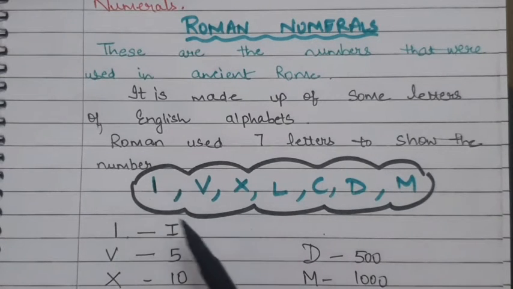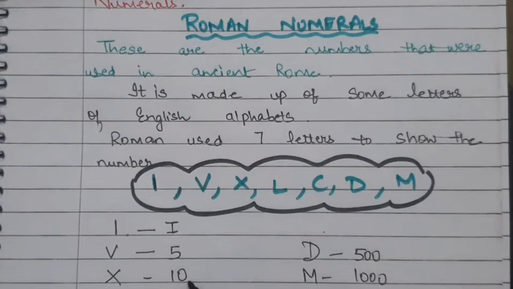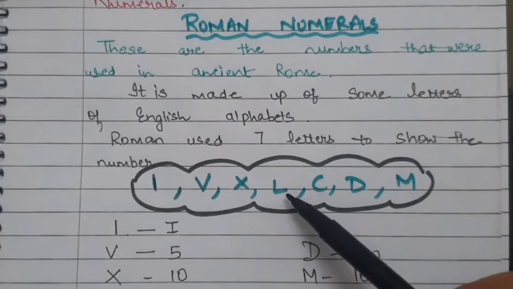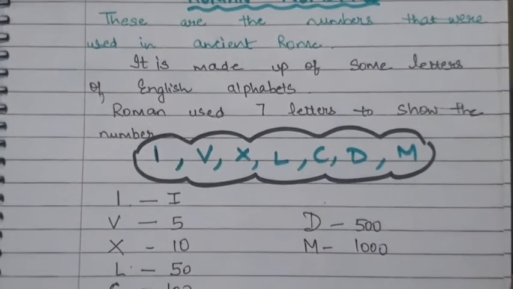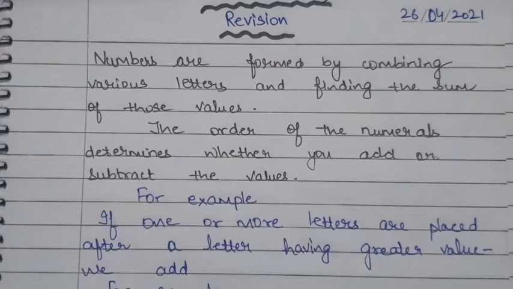I represents 1, V represents 5, X represents 10, L represents 50, C represents 100, D represents 500 and M represents 1000.